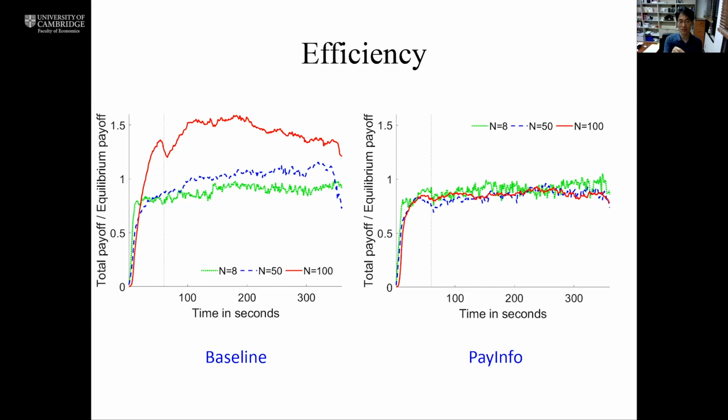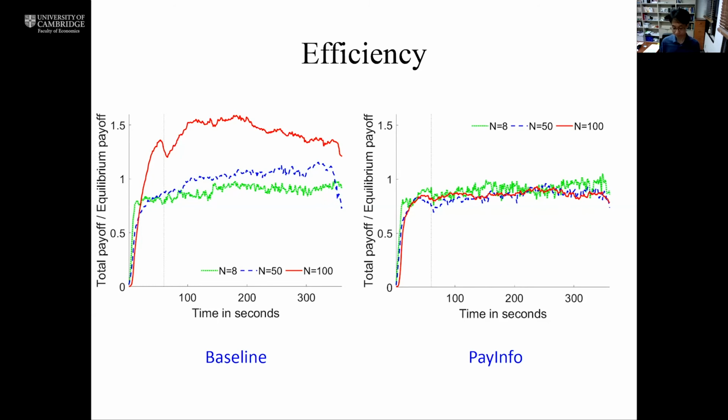However, in the baseline treatment, n equal to 100, the level of efficiency is actually higher than the star network. The reason is that the hubs are making an excessive investment, and that actually creates a spillover effect to the other individuals' payoffs, so that it overall increases the total payoff.